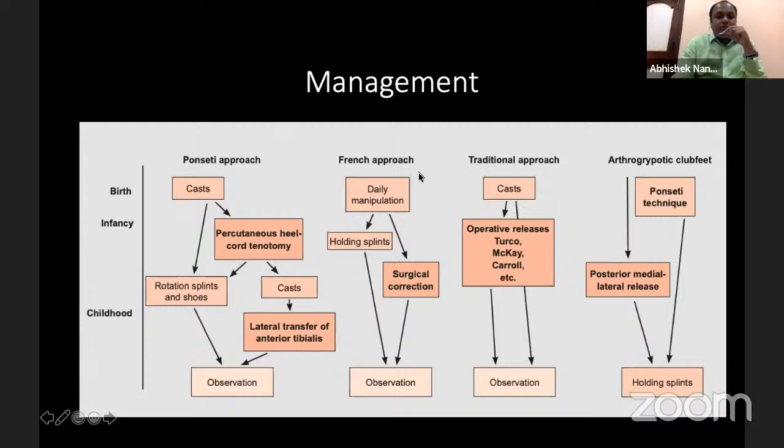The French approach was again a daily manipulation thing, and holding splints were used, which is not commonly used. But then there is the arthrogryphotic foot. As Sir told, there are reports where we have done early tenotomies, especially in case of arthrogryphotic foot, where the tendo Achilles shifts medially. So it does not dorsiflex the ankle, but it acts as an invertor.